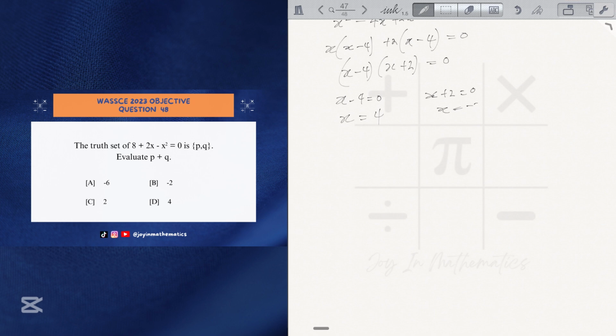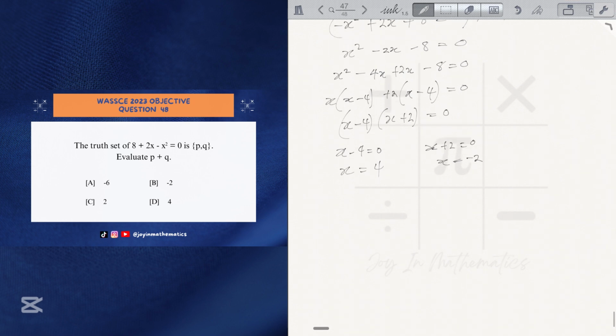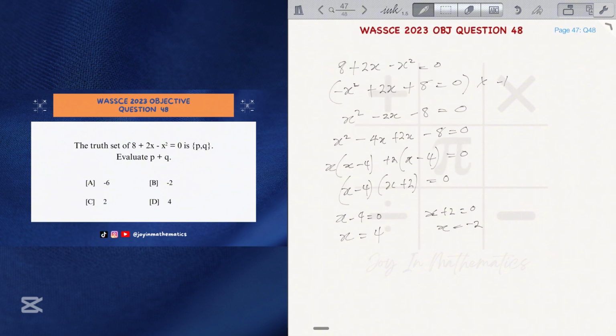Now, if you recall, the question says the truth set of 8 plus 2x minus x squared equal to 0 is represented by P, Q. So P is represented as the lower value and Q is represented as the higher value.